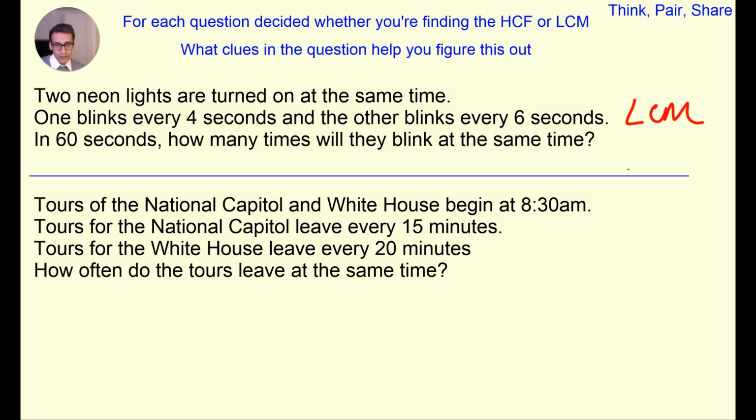Slight twist on this because we have to work out when they first flash together and how many of those flashes fit within 60 seconds. And then the second question, we've got tours begin at 8:30 and then leave every 15 and 20 minutes. How often do they leave at the same time? This is lowest common multiple.